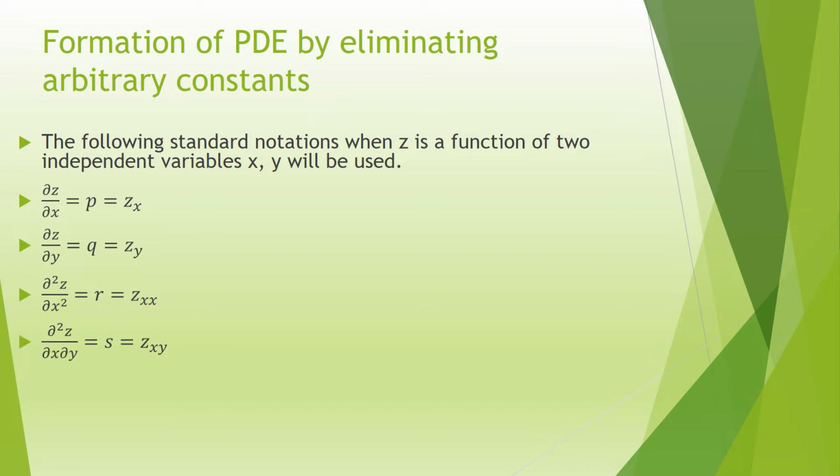Dou square z by dou x dou y we denote as s, or zxy. Likewise, dou square z by dou y square we denote as t, or zyy. So we have these five notations: p, q, r, s, t. Whenever z is a function of x, y, we denote these derivative terms as p, q, r, s, t. In the next problems, we will be using these notations only.